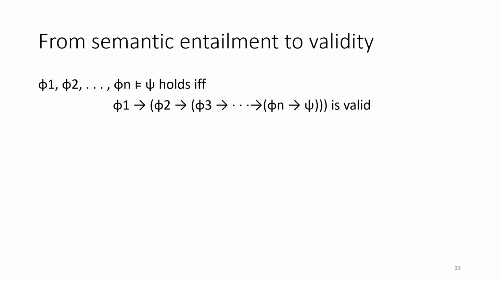This is the semantic entailment that we want to show. And here on this slide, we have how we're going to translate it to validity. So we take the third, which should imply the fourth, which should be implied by the second, by the first. So we basically unravel or nest these implications.